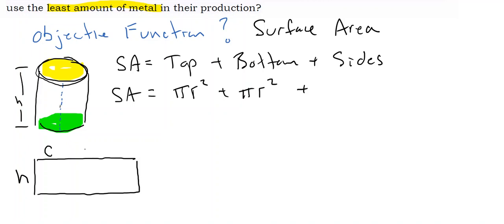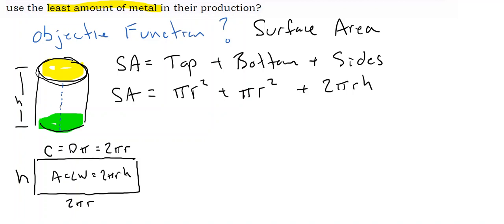The circumference is equal to the diameter times pi, and diameter is 2 times the radius, so 2 pi r. So this distance here is 2 pi r, and this is h. So the area of the sides of the can, since it's a rectangle, is length times width, which is 2 pi r times h.